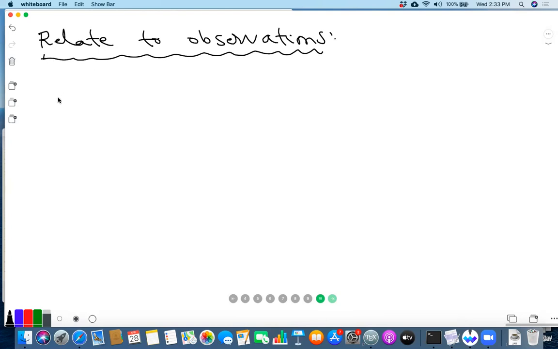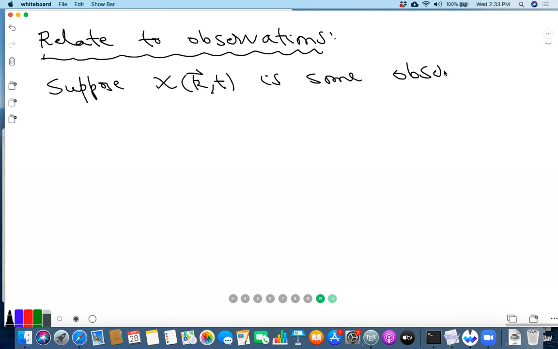So let's suppose that chi is some observable whose fluctuations we can observe.